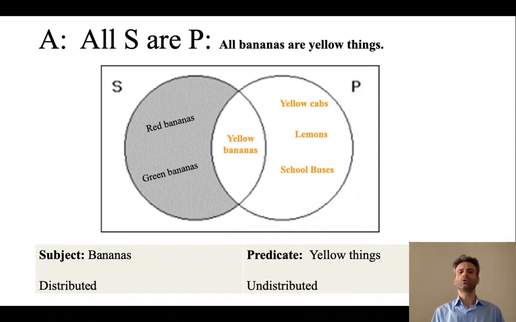But how many yellow things are bananas? Not all of them, because there are cabs, lemons, school buses, and so on. So not all of them are bananas. Because the class of yellow things contains not only bananas, but also other yellow things. So the predicate here in this case, the yellow things, is undistributed.